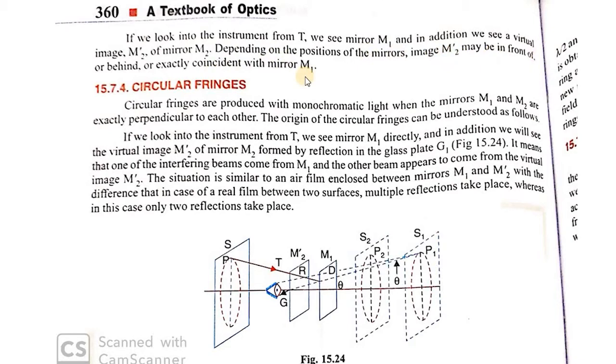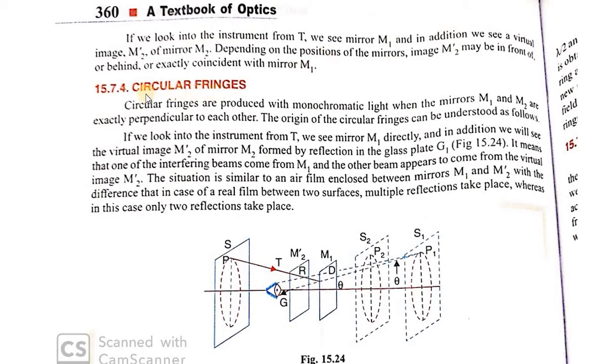So you can adjust the position of M1 and M2 prime such that the virtual image of M2, that is M2 prime, could be either in the same coincident position as M1, or behind M1, or in front of M1. Okay, hope it is clear.